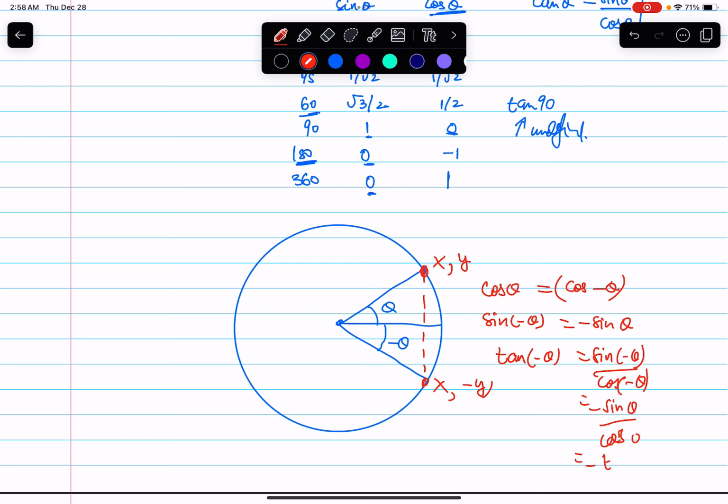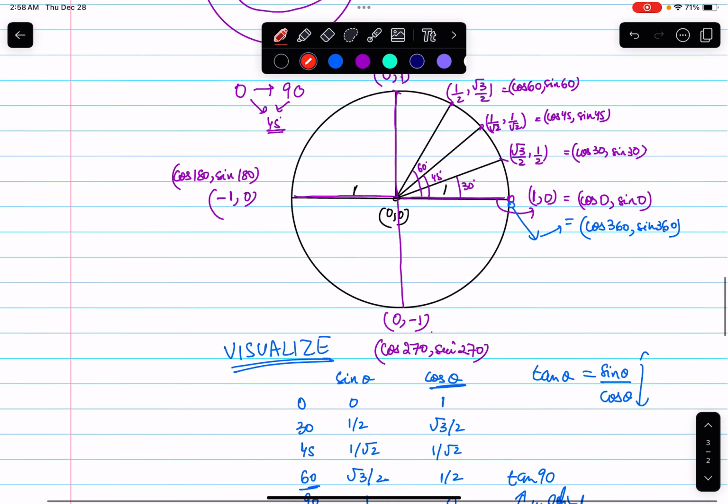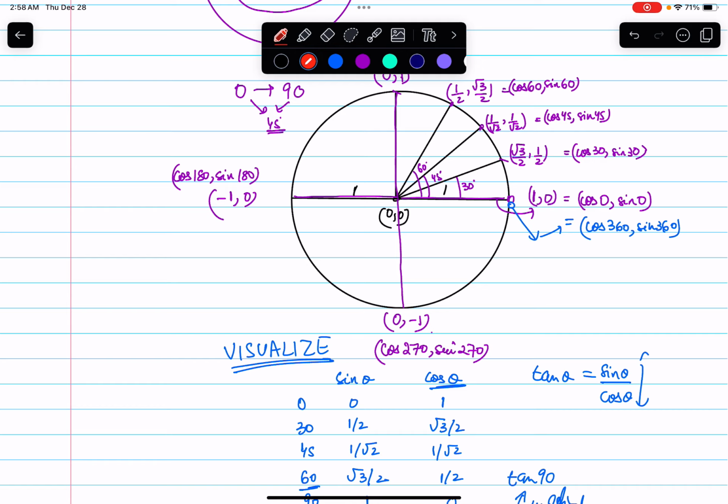Okay? And so this is negative tan of theta. So just understand sine and cosine very well, and then for tan you can just do the divisions and show it that way. Okay? So that's the main idea for how we look at sine of negative theta and cosine of negative theta and so on.